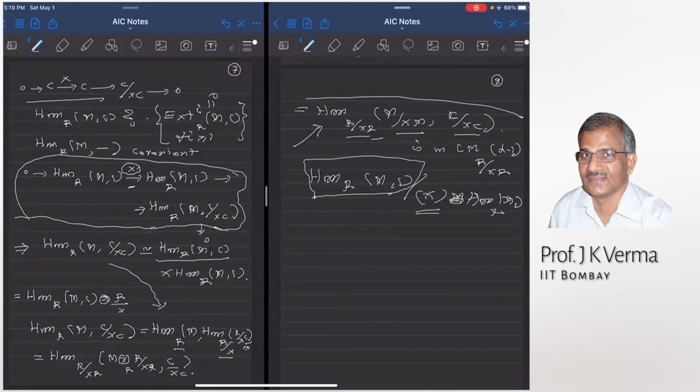By induction, this Hom_{R/XR}(M/XM, C/XC) is a maximal Cohen-Macaulay module over R/XR, because X is also specialized, by Rees' theorem, the change of ring principle on X. So this is a maximal Cohen-Macaulay module, and this is equal to Hom_R(M,C) over X times this, and this exact sequence shows that X is a regular element on Hom_R(M,C). So it shows that Hom_R(M,C) is also a maximal Cohen-Macaulay module, because if a homomorphic image of an MCM is MCM, then the module is also MCM.